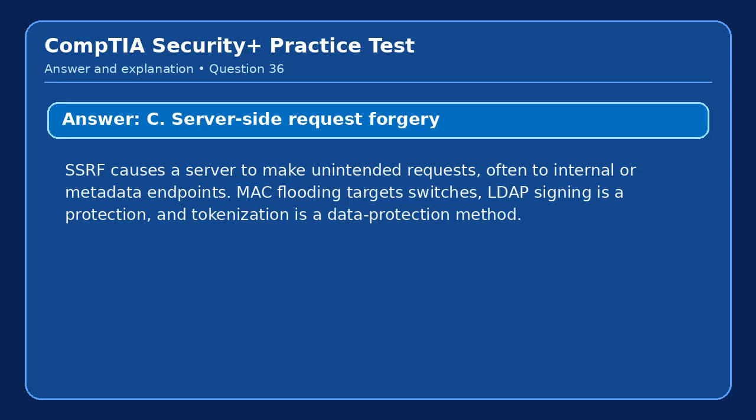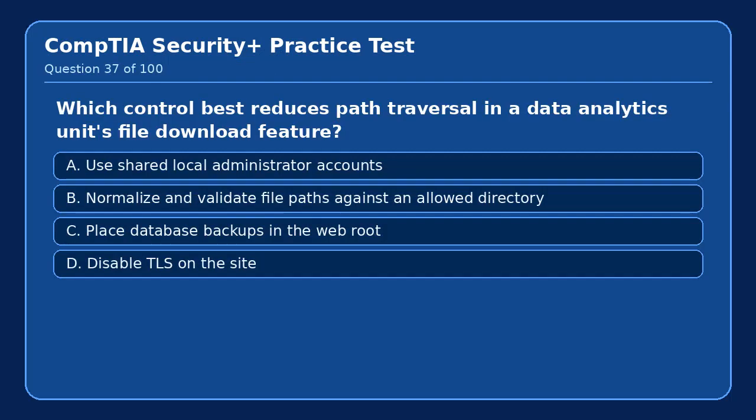Question 38. For a legacy application at a software company, which feature helps reduce buffer overflow exploitation? A. Address space layout randomization and data execution prevention. B. A longer DHCP release time. C. A flat network topology. D. Larger email attachments. Take a moment to choose your answer.